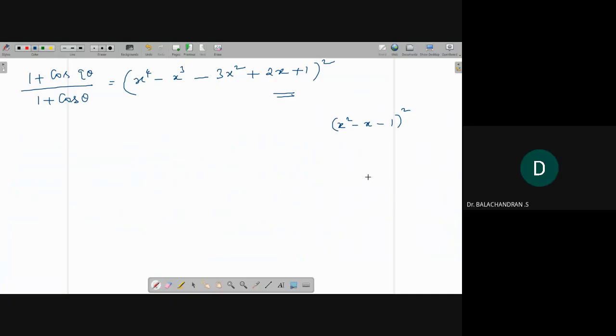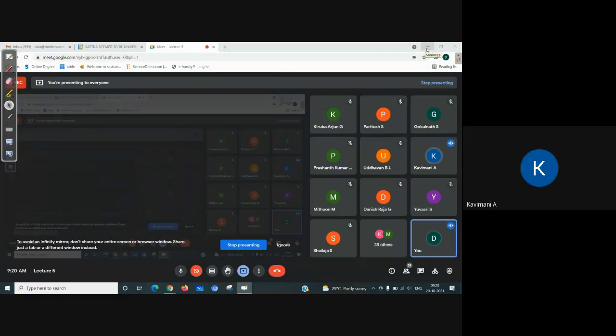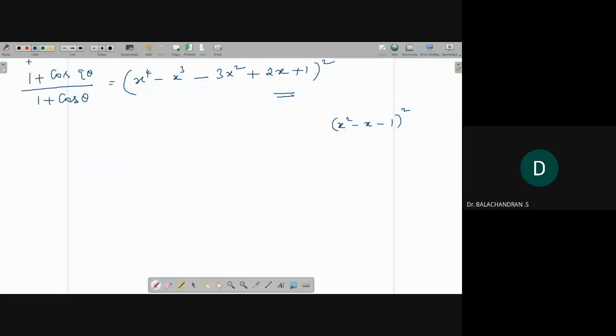You didn't cancel out 16, huh? Yes, sir. Okay. Who gave this answer, x square minus x minus 1 whole square? Kavimani. Okay. So remaining students, please check it. I will ask you in the next class whether you got this answer.